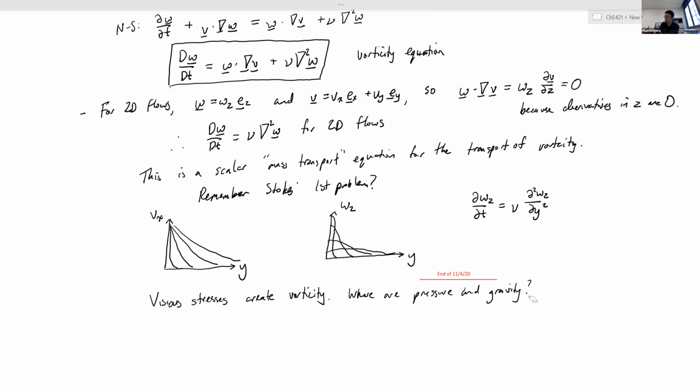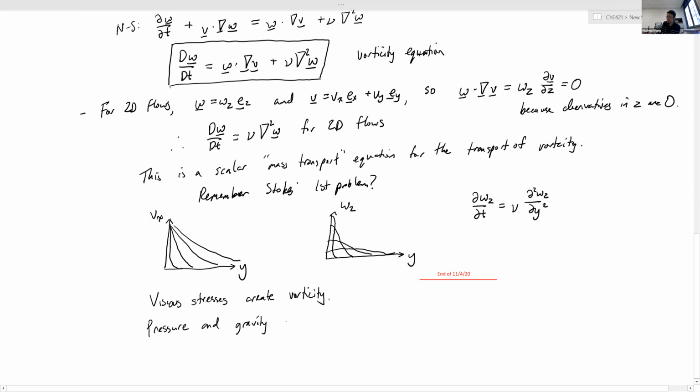And so, instead of asking the question, I'll just say pressure and gravity don't matter as much. Pressure and gravity do not influence vorticity.